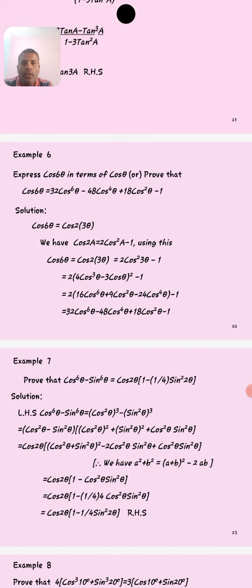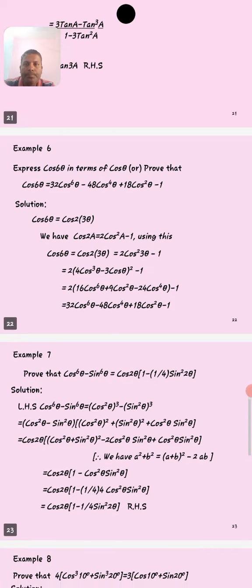Now here (a - b) whole square we have to expand: 16 cos power 6 theta plus 9 cos square theta minus 24 cos power 4 theta, minus 1. Now we have to multiply with 2. We get 2 into 16, 32 cos power 6 theta minus 48 cos power 4 theta plus 18 cos square theta minus 1. That is the RHS part.